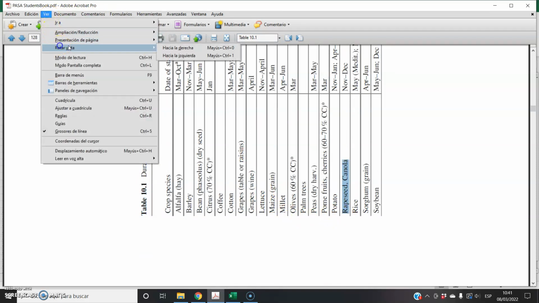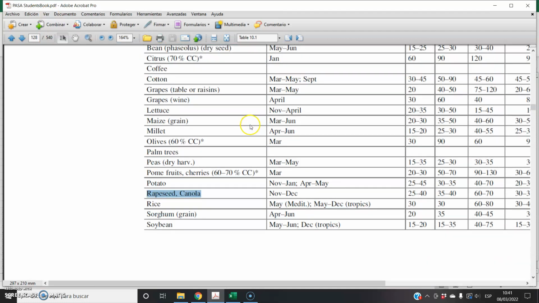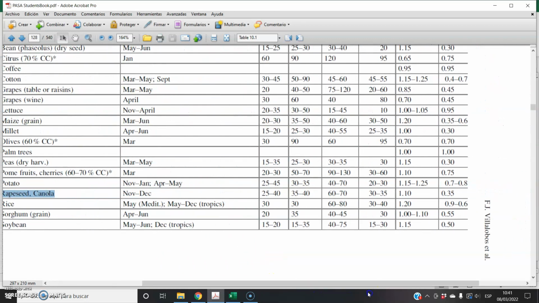This table shows that for rapeseed sown in November or December, the typical durations of the stages of the FAO method are those that appear in these highlighted cells. So we should choose durations for each stage that are within this interval, and we will assume that these are the typical durations for the stages in our location, in this case Córdoba.